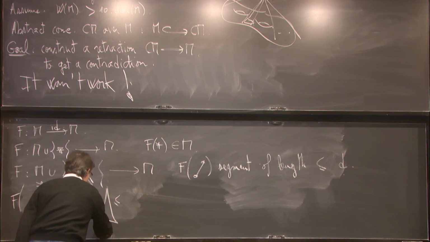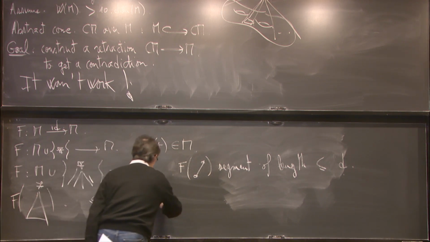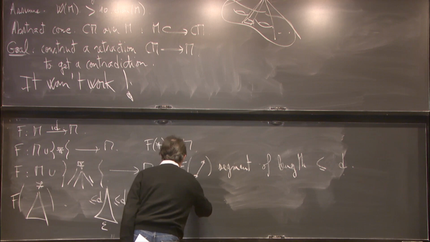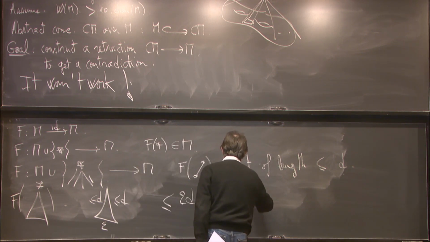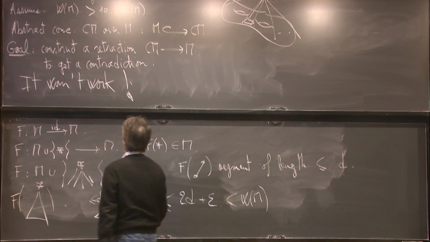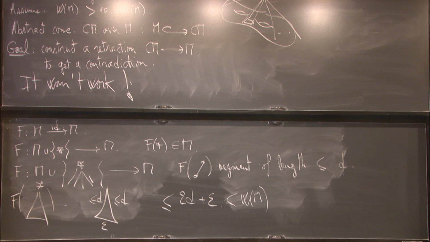Here it's epsilon, here it's the diameter. So the length is 2 times the diameter plus epsilon, and that should be less than the width I defined there, because we assume that the width is much larger than the diameter.